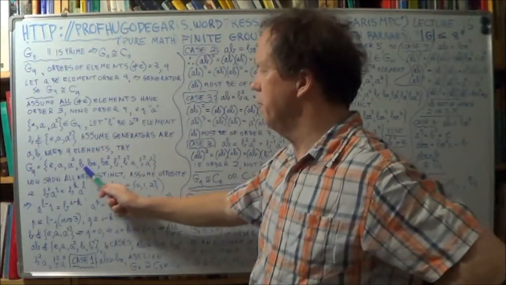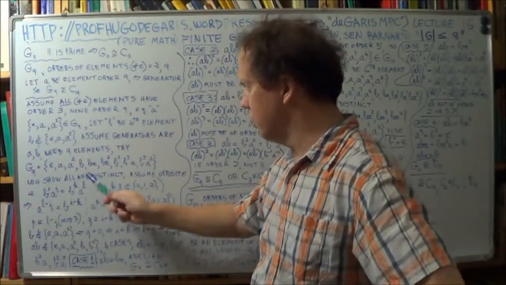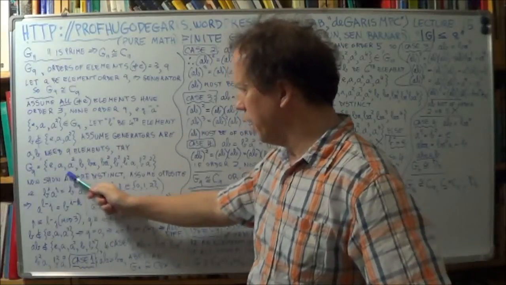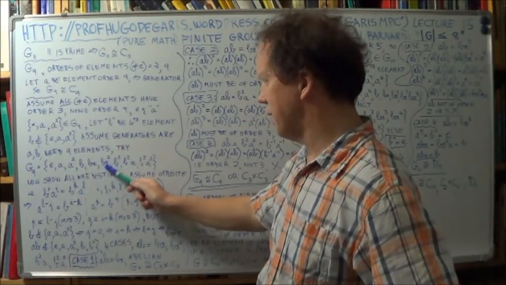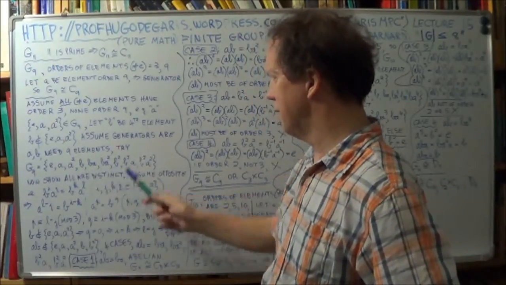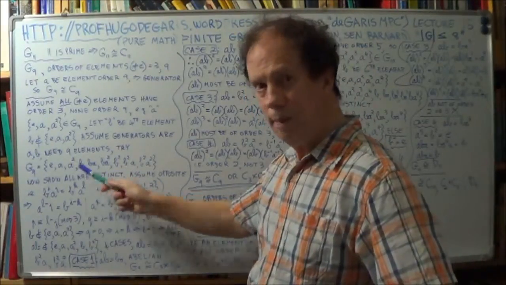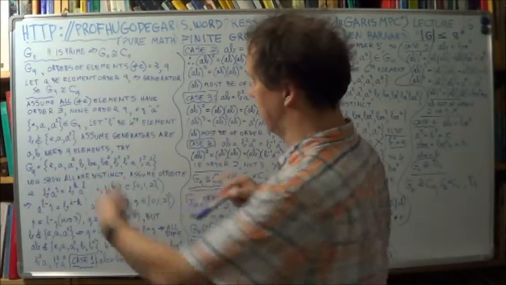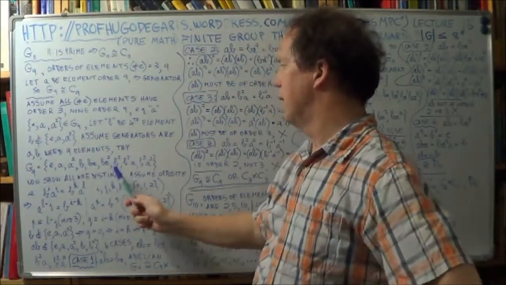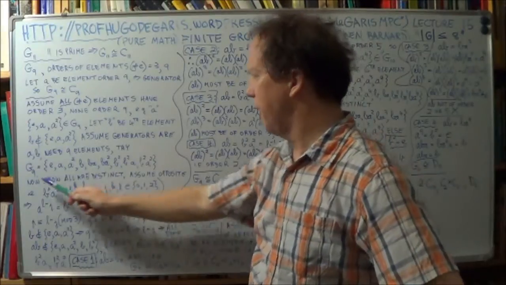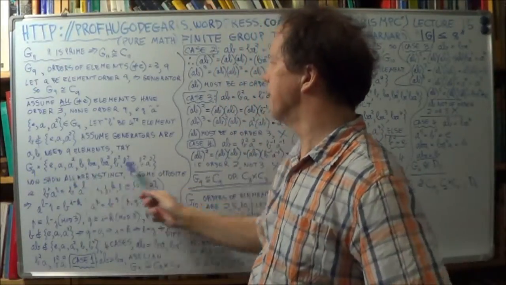Now if you have B, because it's a group, you get closure, so B multiplied by any of these will give you BA squared, okay, so you get these. Now you can have BB in the group table, B squared, so we have to generate nine elements.